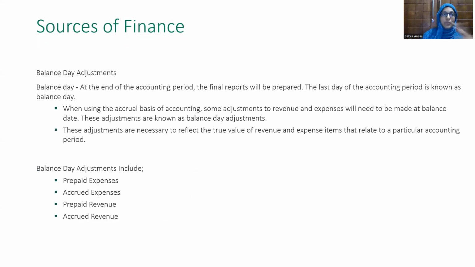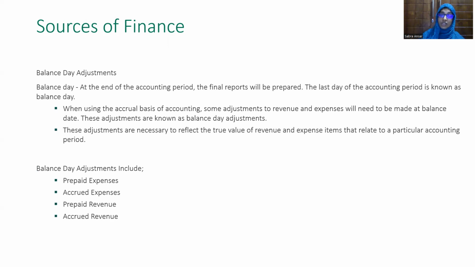So thereafter, we'll be talking about balance day adjustments. What are these? At the end of an accounting period, the financial reports will be prepared. So the last day of the accounting period is considered as balance day, where all these accounting balances are adjusted.